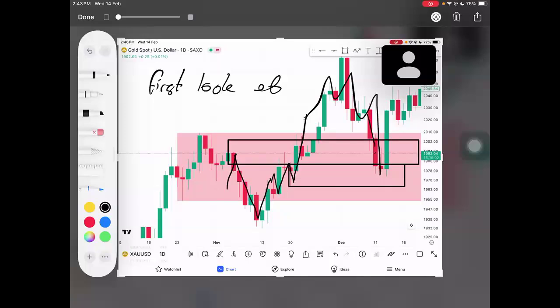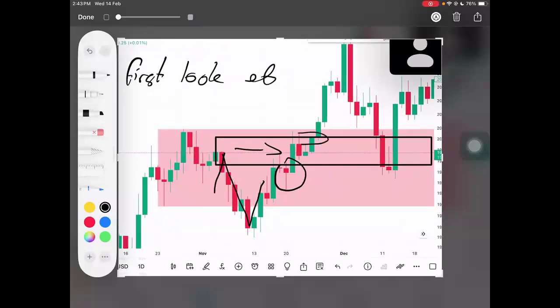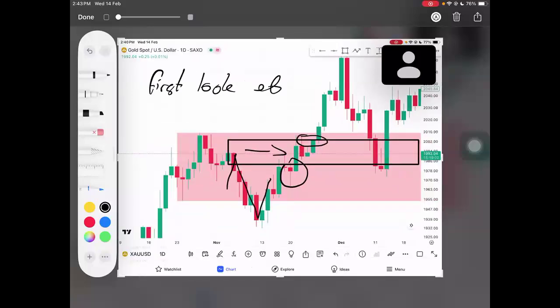Yes. Now what about the one inside the EF that you see right above it? The one right next to it in the zone? In the zone before it breaks. This one already broke. Oh, okay, I see what you're saying.